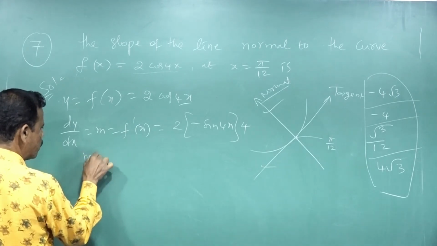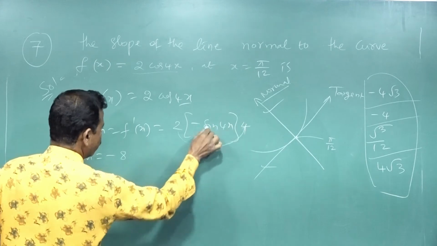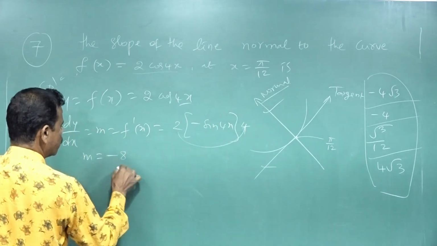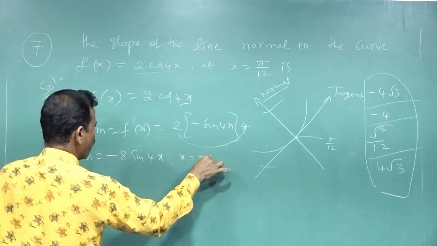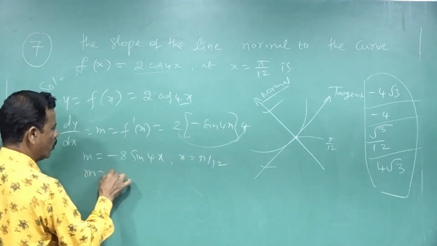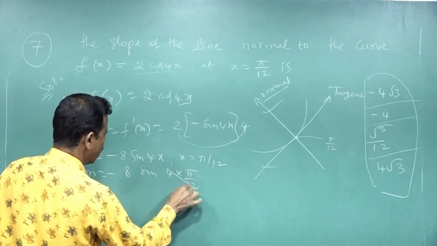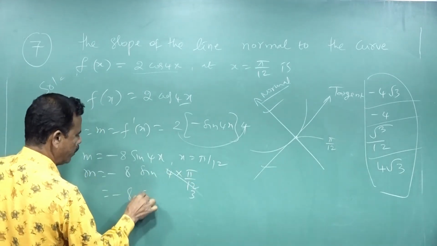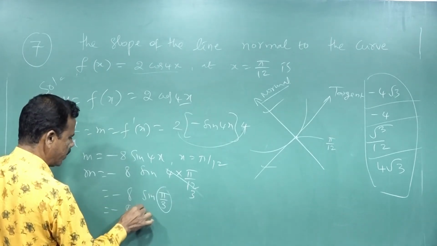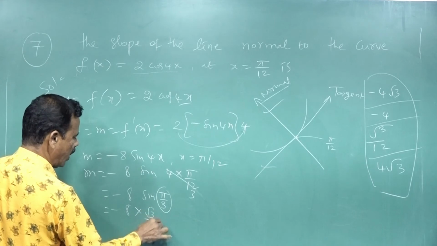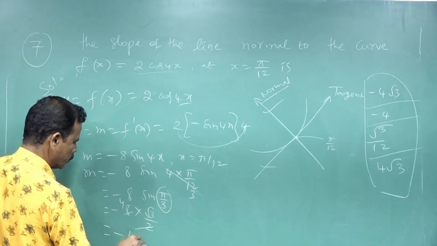So m is equal to minus 8, 2 into 4 is 8, minus as it is sin 4x. So at x is equal to 5 by 12, m is equal to minus 8 into sin 4 into 5 by 12, 4 and 12 cancel, minus 8 sin 5 by 3, sin 60 this value. So minus 8 into sin 60 value root 3 by 2, 2 4s, minus 4 root 3 comes.